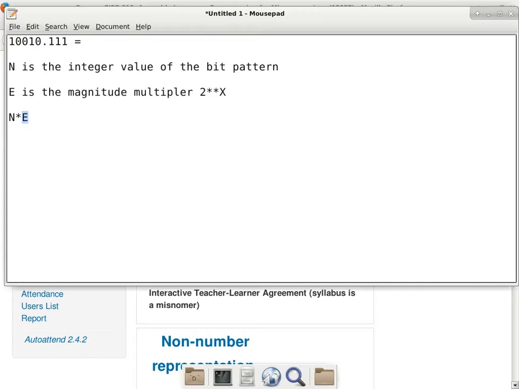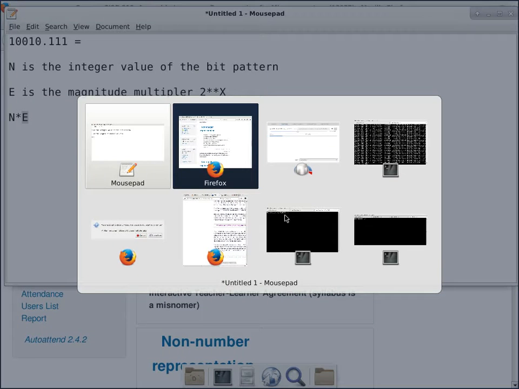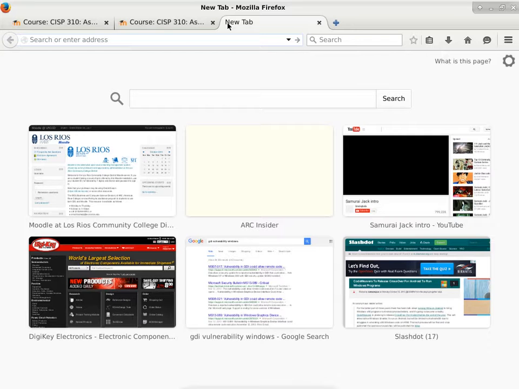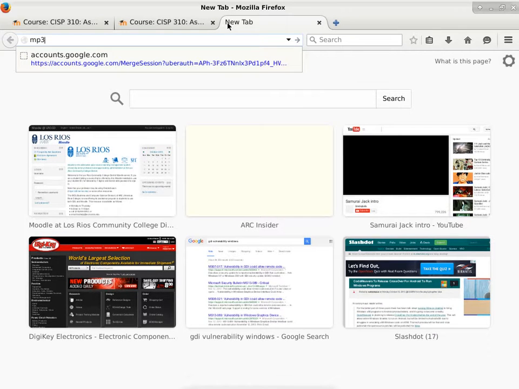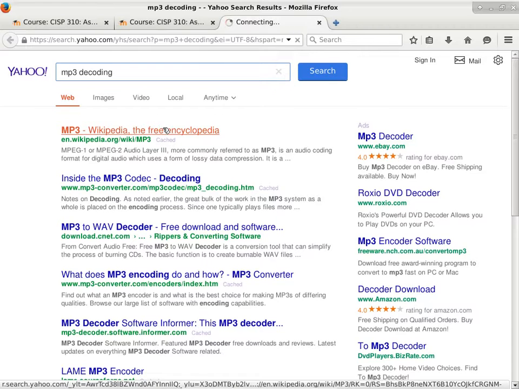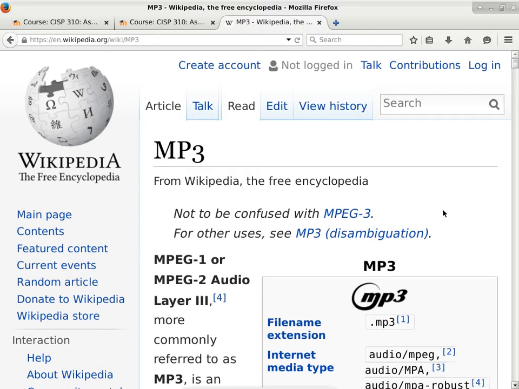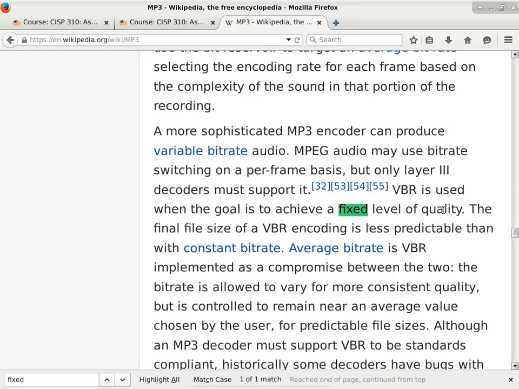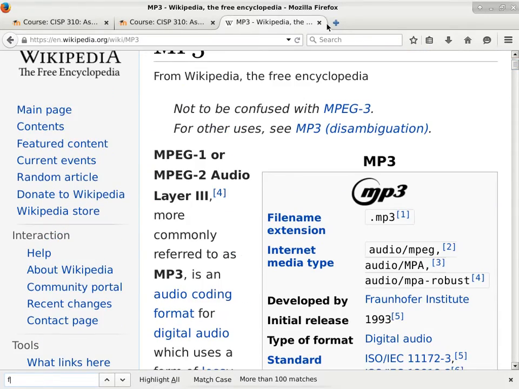So I'll just go ahead and point out those terms, because for some of you understanding what it applies to makes it easier to remember and understand. So I'm just going to go to MP3 decoding, and the first page is going to be the one that actually applies. If you look up here, it doesn't have fixed point calculation mentioned here, but this one is efficient. If you read through how it is done, it is actually quite efficient.